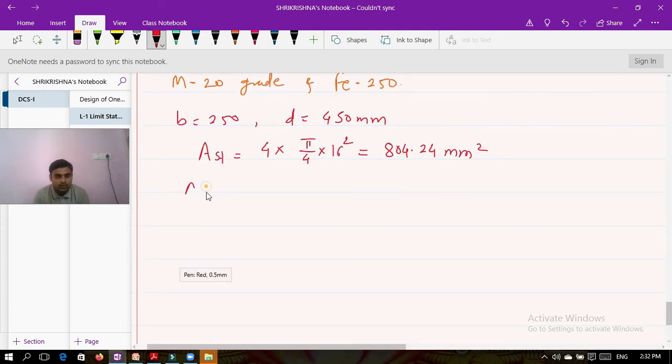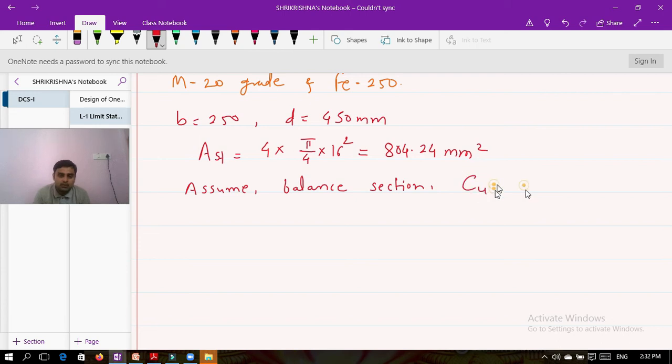Okay, now to calculate the value of Xu, what do we do? We assume a balanced section. If you assume a balanced section, then Cu must be equal to T. Therefore, 0.36 fck b into Xu must be equal to 0.87 fy Ast.